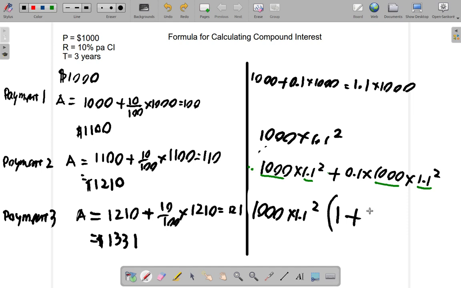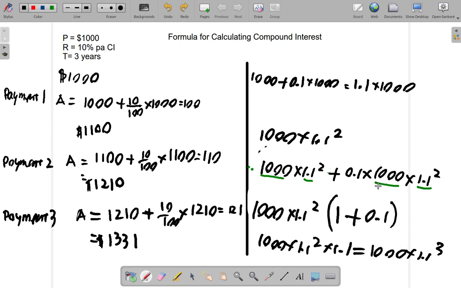All we're left with is 0.1. But 1.1 plus 0.1 is 1.1. So what we have is 1,000 times 1.1 squared times 1.1. So it amounts to 1,000 times 1.1 cube.